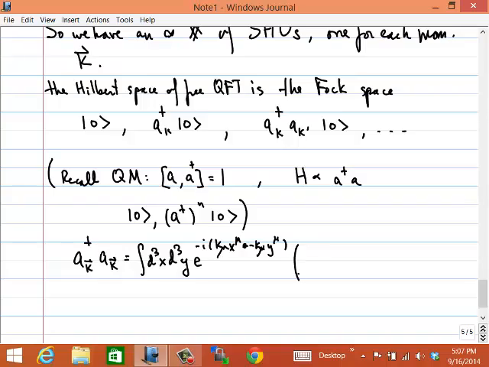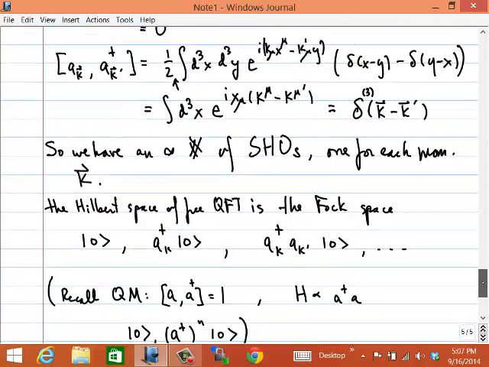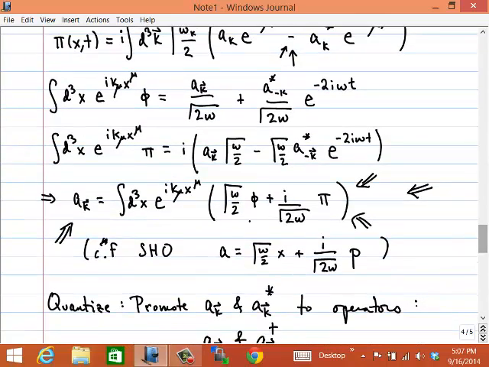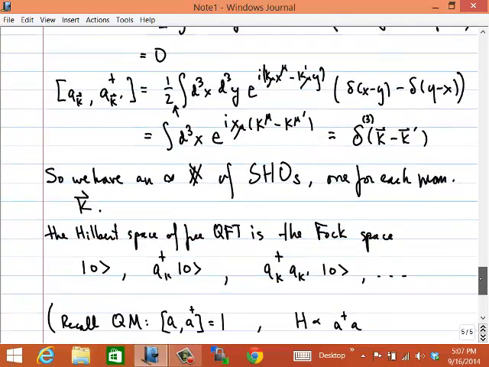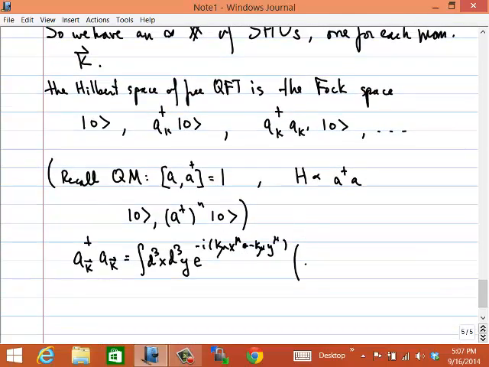And then let's remind ourselves of that formula again. You had phi of x plus i pi of x. And so you get here a square root of omega over 2, phi of x plus i over the square root of 2 omega, pi of x. Did I copy that formula right?